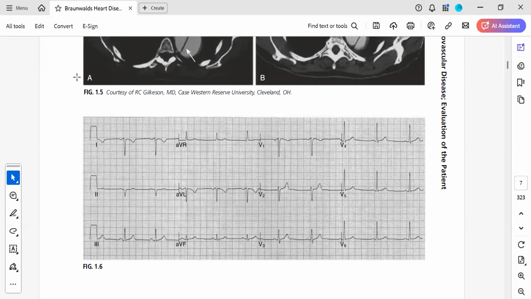We would have expected probably in V1 that our R versus S would be greater than 1, or the R wave will be greater than 7, or using the Sokolow-Lyon criteria for right ventricular hypertrophy, we expect that the S in V5 or V6 plus the R in V1 will be greater than 10.5 millimeters. But looking at that, that does not qualify.